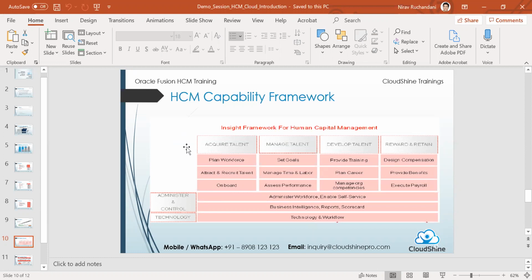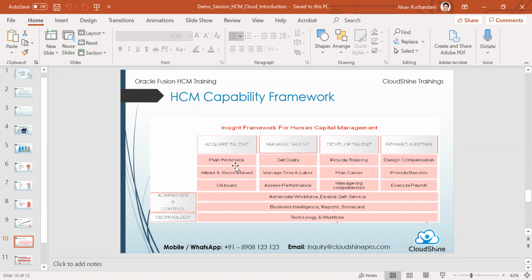Oracle has this, and we'll talk about it in the next slide as well, which talks about the different modules that Oracle has. So we have acquire talent as the sub process within the larger hire to retire process per se that Oracle offers.